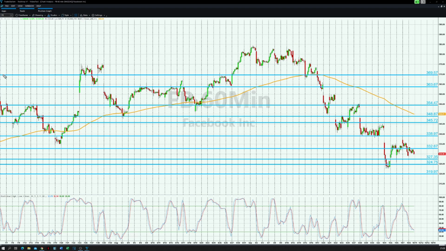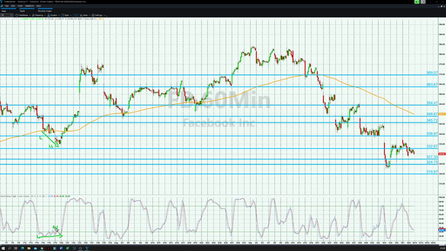Here the price did a move down. This is a low and this is a lower low. And what you see here is that the stochastic made a higher low. This is divergence between the price action and the indicator.